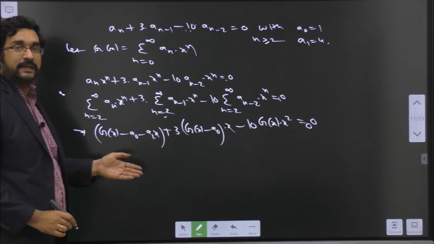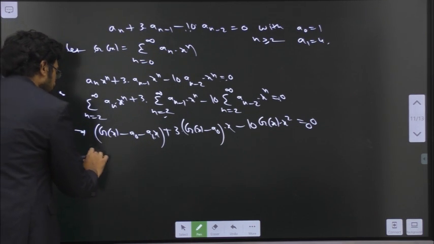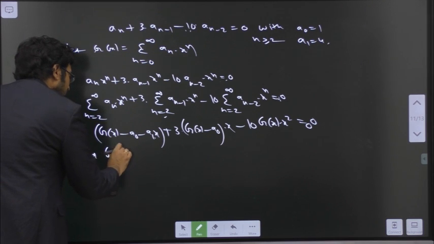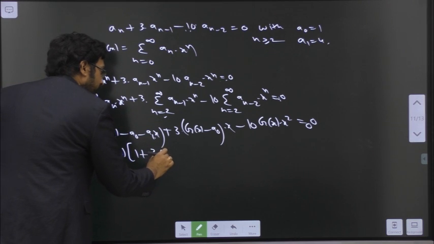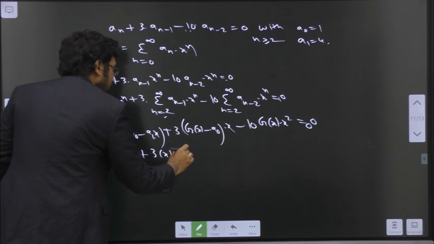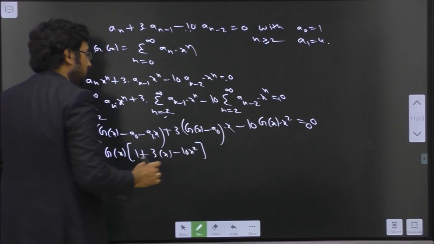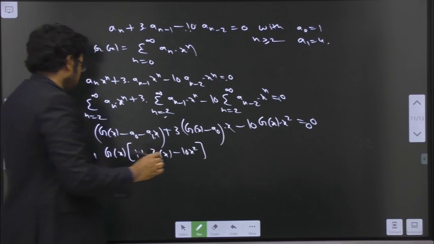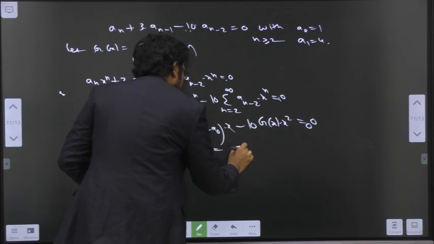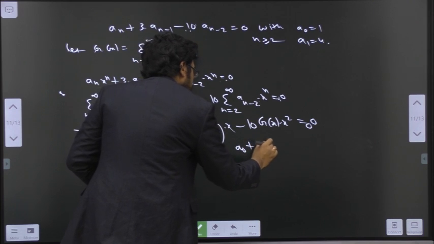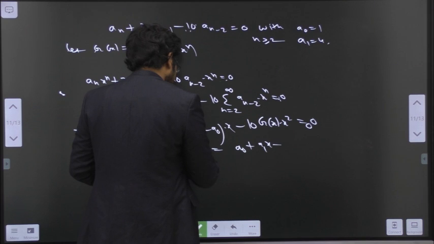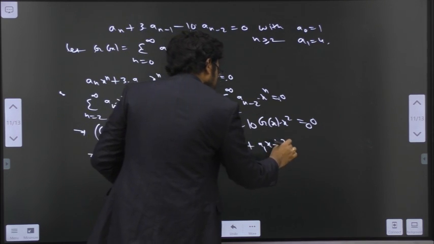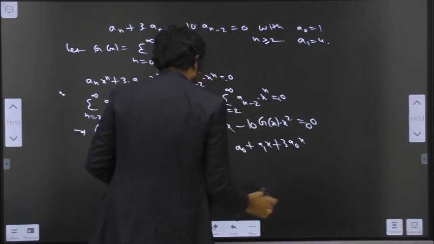Now from left side take g of x as common. So if you take g of x as common, here we will get 1 plus 3x minus 10x square. Take remaining terms as right side. So we will get a naught plus a1x minus 3 a naught x.